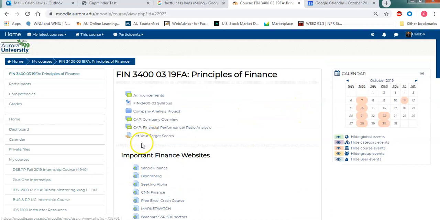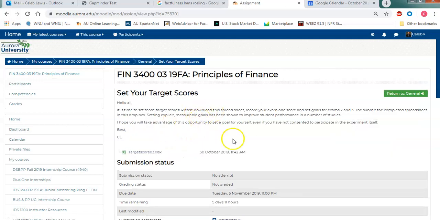Also, I want to remind you one more time about the Set Your Target Scores assignment in here. Again, it's been shown that setting a target grade for an exam is a great way of improving one's performance. It seems like students who are asked to set a particular objective and measurable goal tend to perform better.